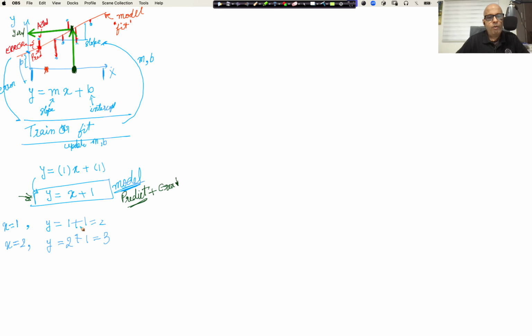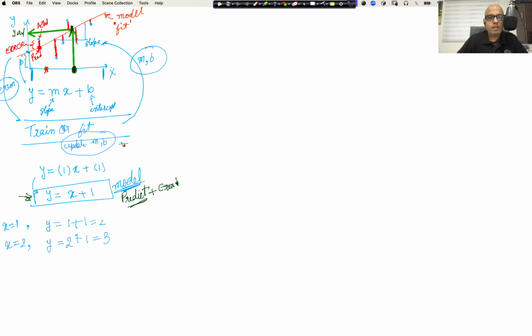Now, you may ask, where does gradient descent come in? Gradient descent comes into play when we are trying to find these values of m and b. To do that, we need to reduce this particular error. And to reduce the error, we need to update the values of m and b.